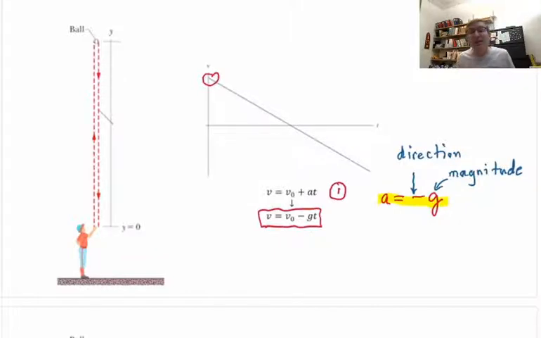And if I have that in front of me, I know that if I plot velocity versus time, this is the form of a straight line. It has the generic form y equals b plus mx, where b is the vertical intercept and m stands for slope. And here the vertical intercept is the initial velocity, which is a positive value because the initial velocity is directed upward, right?